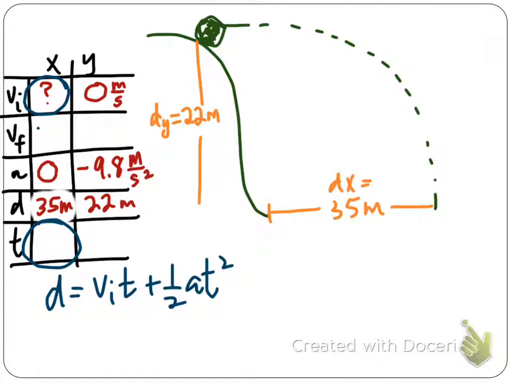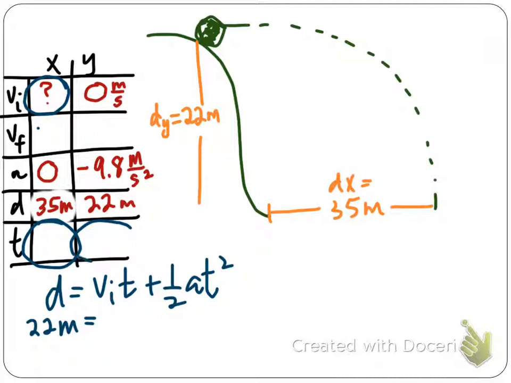Okay, so then I know my distance in the Y direction. This is the important part. Now that I've identified what I need to know, I have to be certain that I use the information from only the Y column because we're talking about what's happening in the Y direction. So I take my 22 meters. We're trying to solve for time. What do we know is going to be true of time?